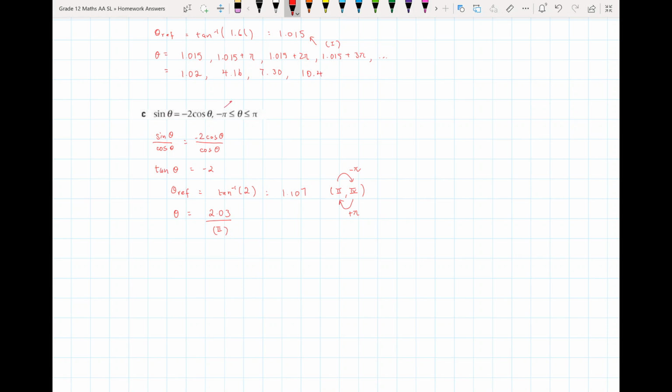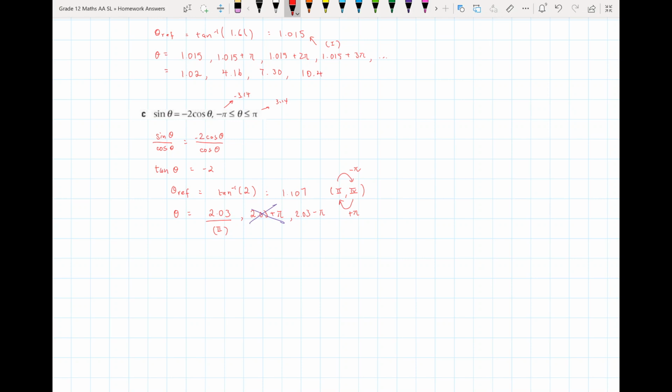So notice that this is from negative 3.14 to positive 1.34. And if I actually attempt to add pi, this is going to go beyond. This is going to be 5 point something. So I know I can't generate beyond that. So what I can try is to do 2.03 and minus pi.